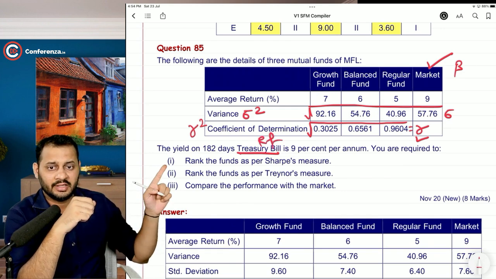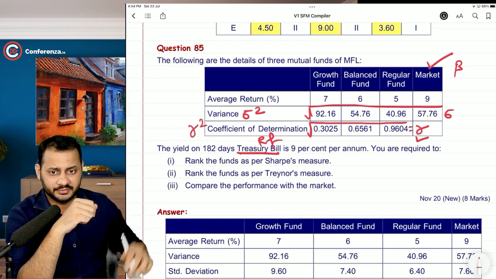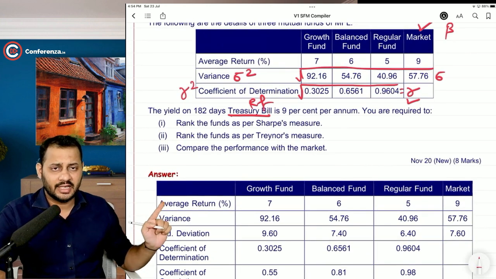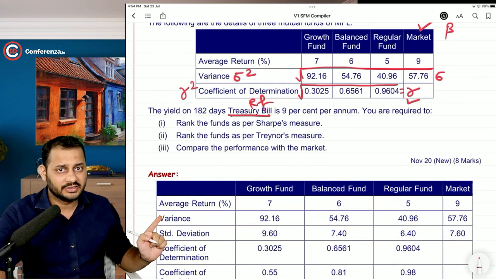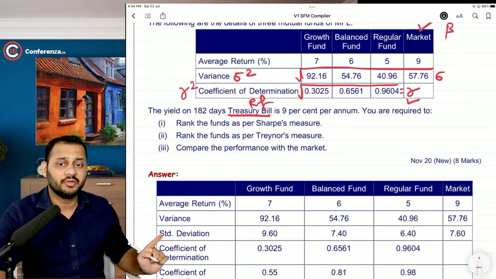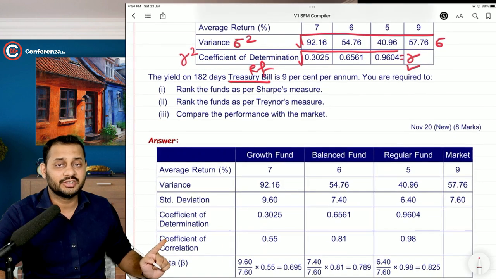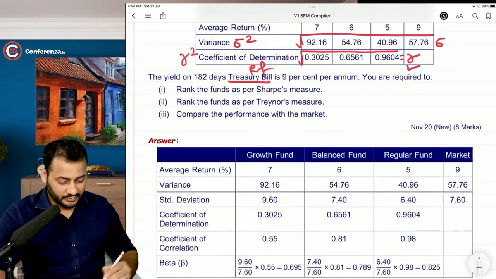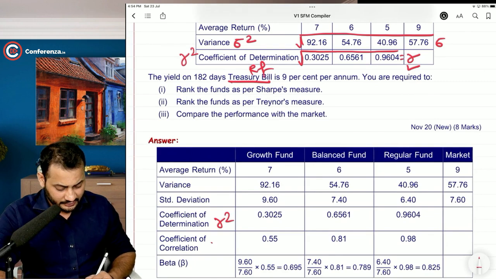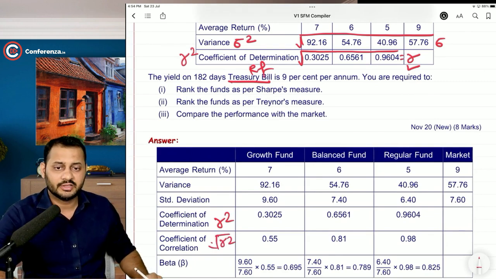So rank the funds as per Sharpe's measure. See, average return is given in the question, variance is given, put a square root on that and you will get the standard deviation. Coefficient of determination is given in the question; if this is R square, then the coefficient of correlation is nothing but the square root of R square.